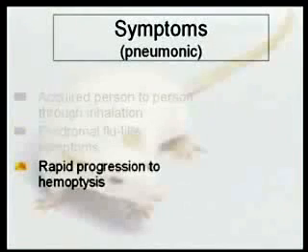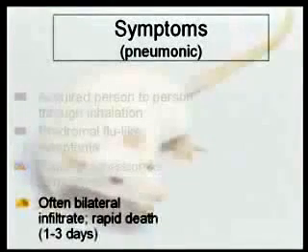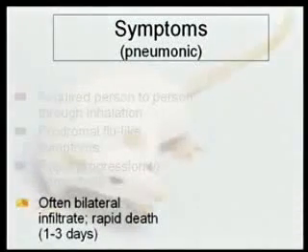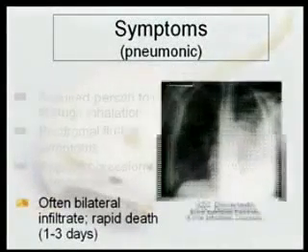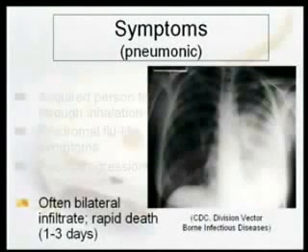Rapid progression to hemoptysis, spitting blood, because it's very rapidly destroying the lung tissues. Not only that, remember, it inhibits coagulation. So they will be bleeding. Often bilateral infiltrate, and rapid death within 1 to 3 days of acquiring pneumonic plague. In this case it's not bilateral, but it is often bilateral.